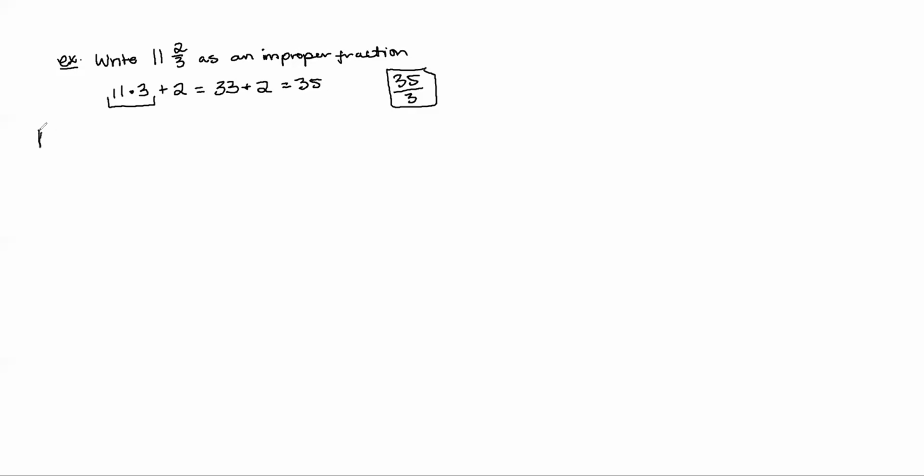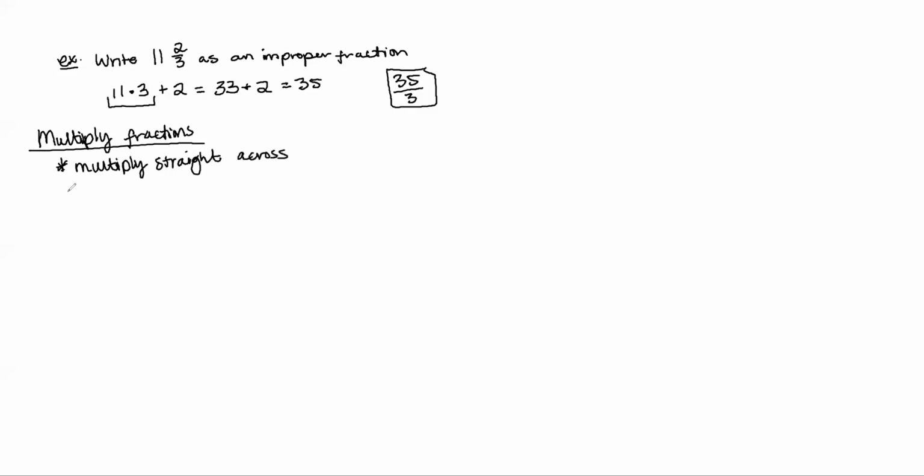So let's go ahead and look at multiplying fractions. The big thing with multiplying fractions is that we always want to multiply straight across. And we don't need a common denominator like we'll need with adding and subtracting.